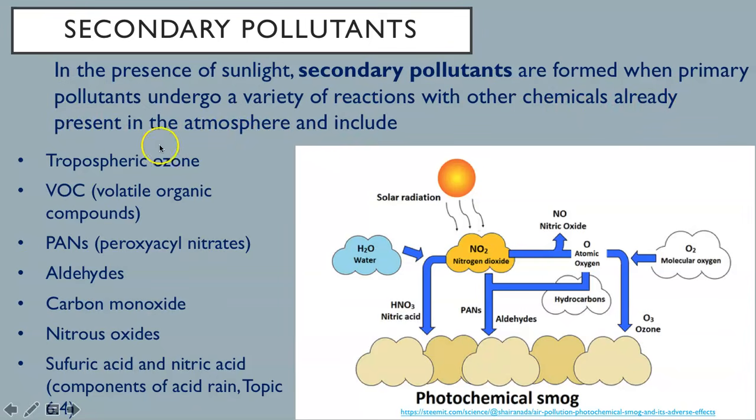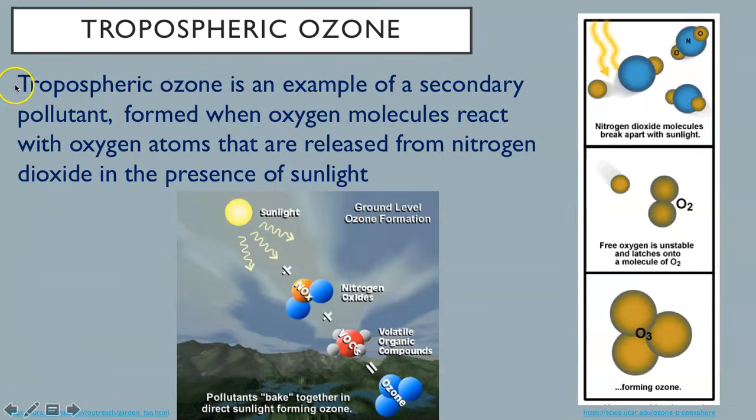These secondary pollutants include tropospheric ozone, volatile organic compounds, PANs or peroxyacyl nitrates, aldehydes, carbon monoxide, nitrous oxide, sulfuric acid, and nitric acid, which are components of acid rain and will be discussed in topic 6.4.